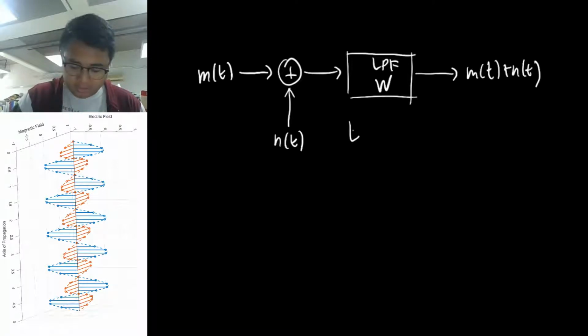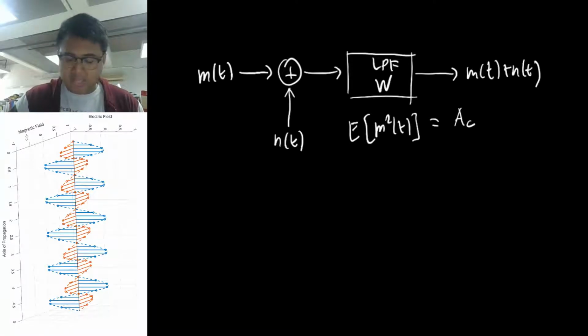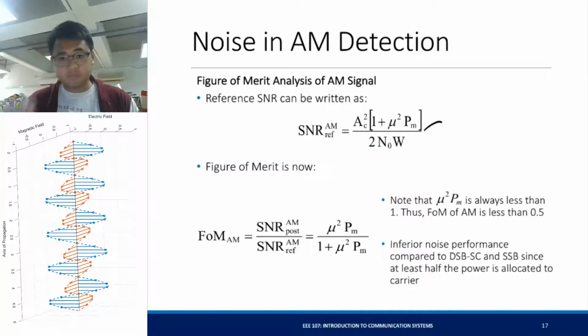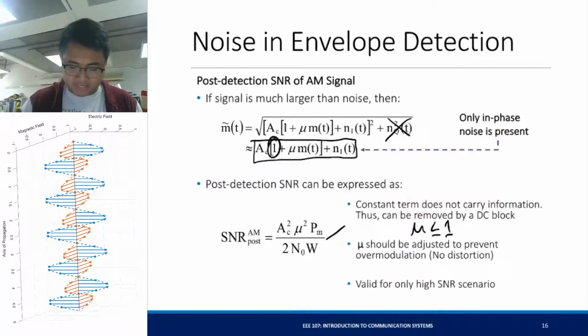The power of the message signal is equal to the power of the transmitted signal. That's A_C squared over 2 times 1 plus mu squared, the power of the message. And the power of noise is equal to N0 times W. So that is where this came from. So this is the reference SNR, and this is the post-detection SNR.